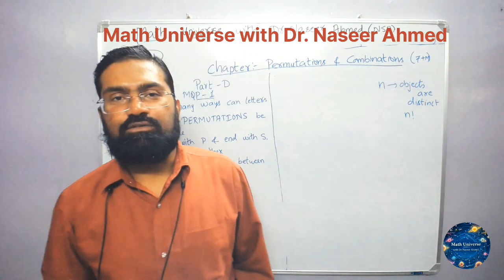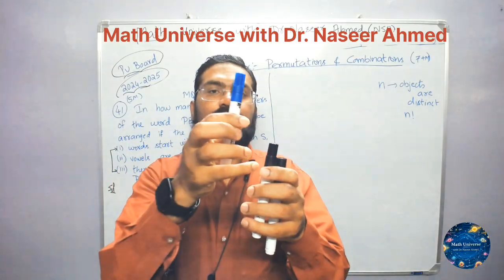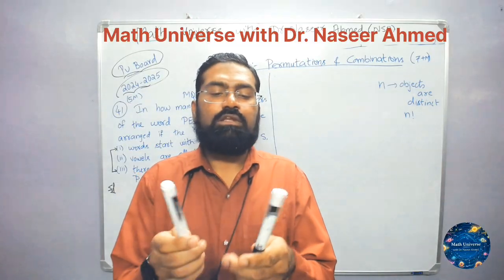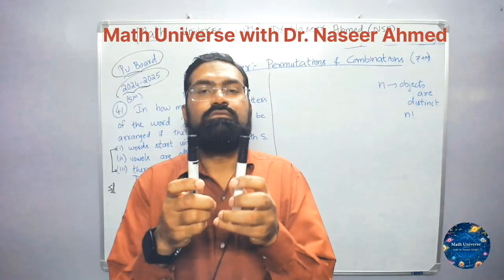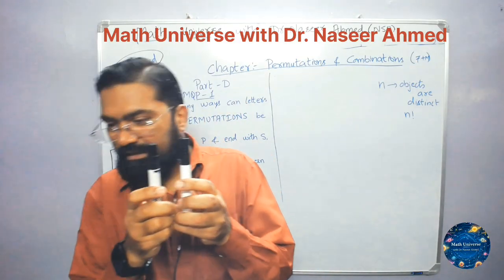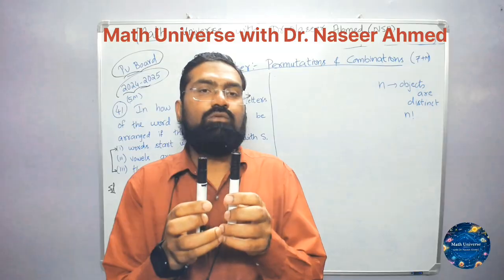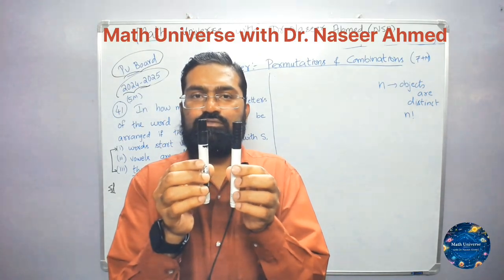Now see the other scenario. Let me move this marker out. What do you see? These two are identical, correct, both are black. Now see the location. You have seen the location, no?